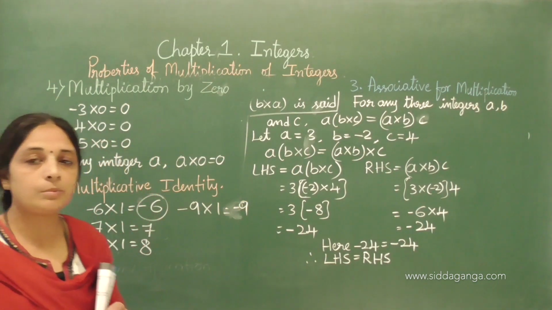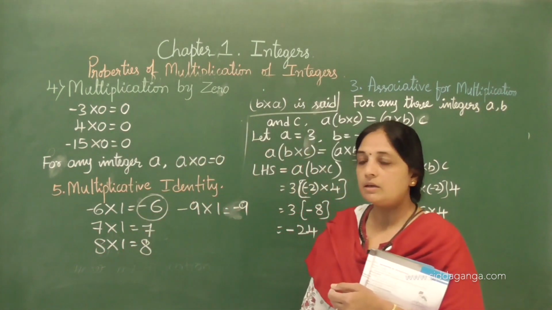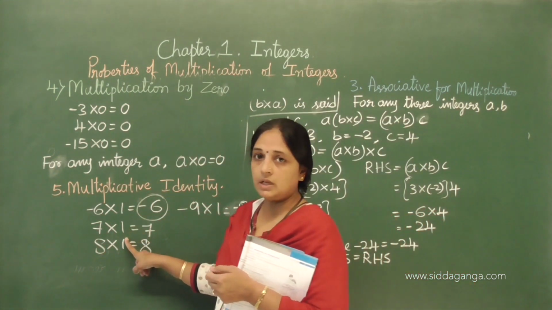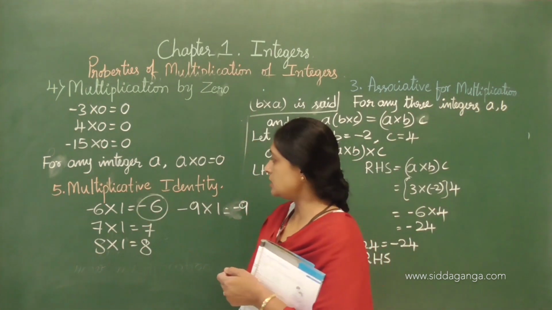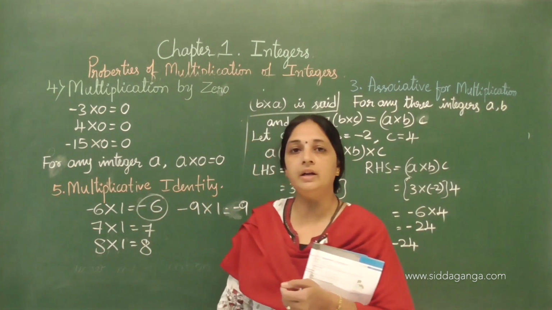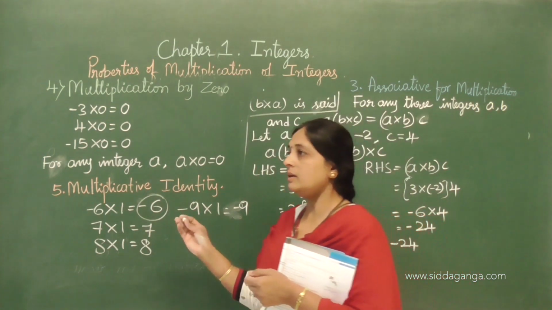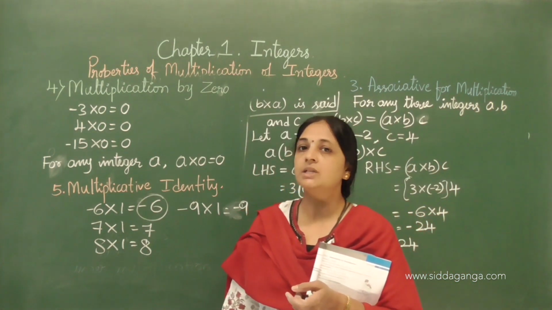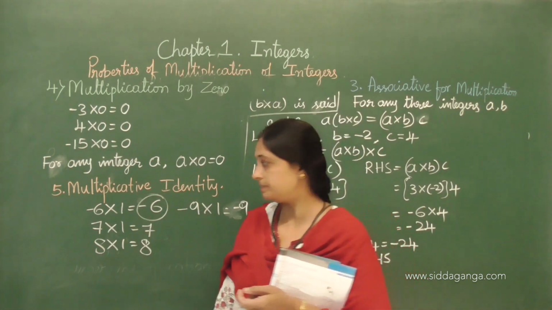Okay. When we multiply by 1, we get the same number, and 1 is also an integer, and the taken numbers are also integers. Then 1 is said to be the multiplicative identity for integers. The additive identity is 0, the multiplicative identity is 1.